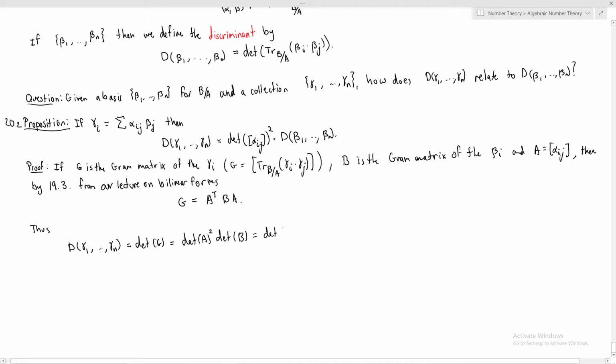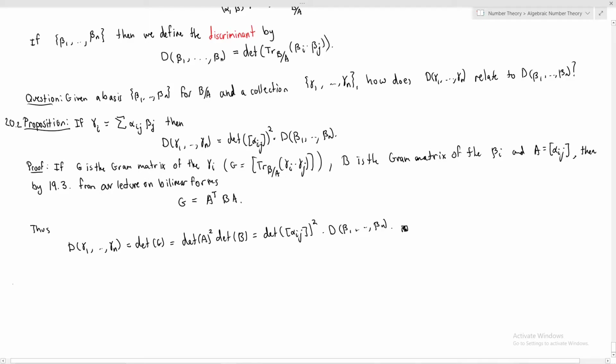This is going to be the determinant of alpha ij squared times d of beta 1 through beta n. I guess there's one thing to see here, but maybe I'll make my remarks now. So this finishes the proof here.